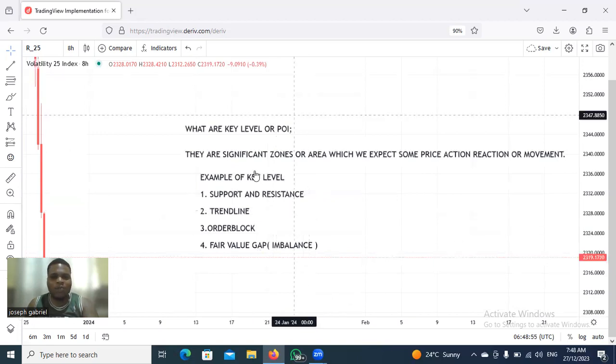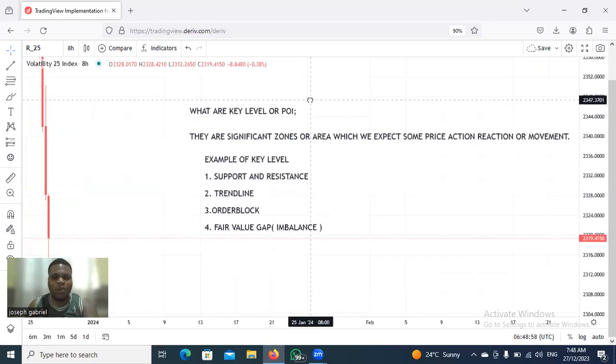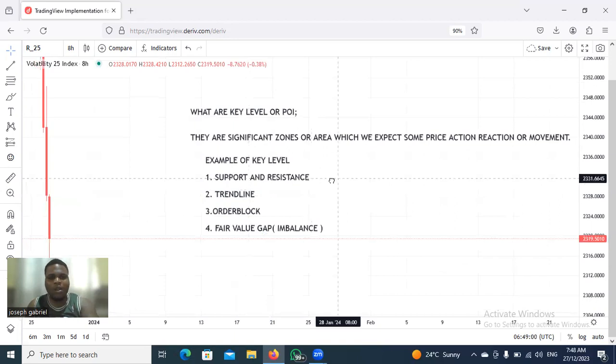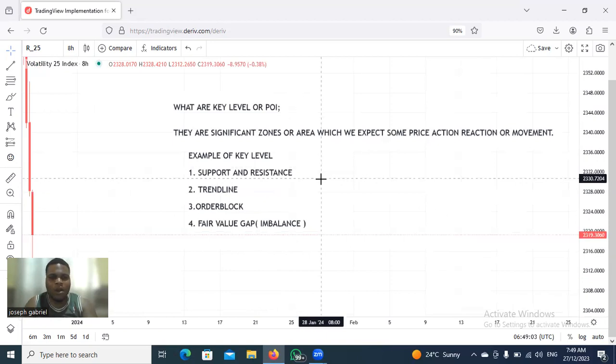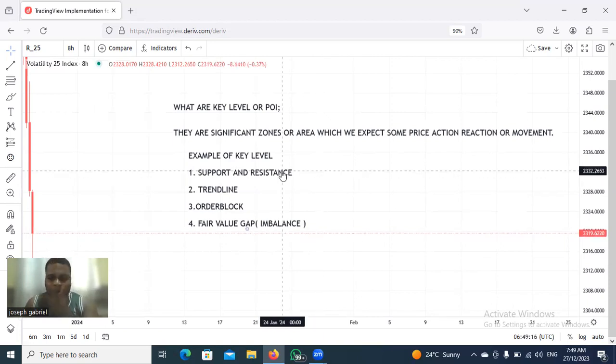Now let's dive into the first one, which is support and resistance. The support and resistance is a very common key level many traders trade, but not all traders actually know how to use the support and resistance level. So I'm going to be showing you how I mark my own support and resistance as my key level.